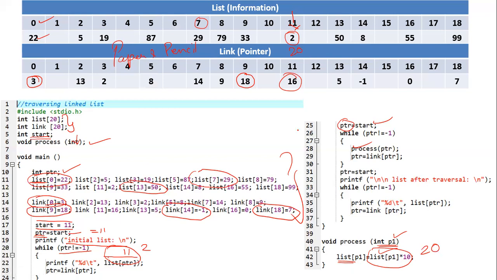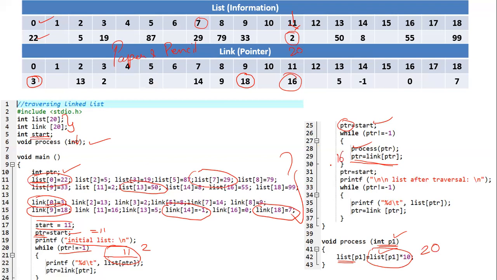That is called applying a process. Then after doing it, to point to the next node, we'll update the pointer again with the help of the link of PTR. That will direct to 16. So now PTR is updated with the value 16.